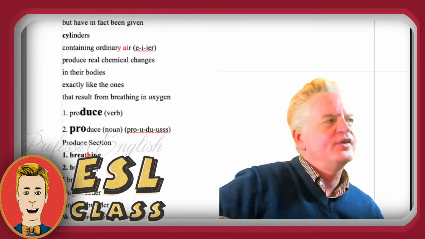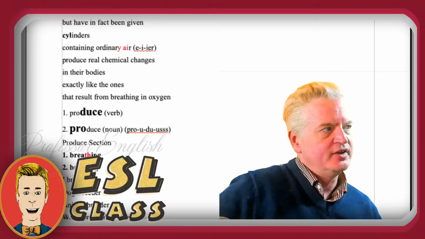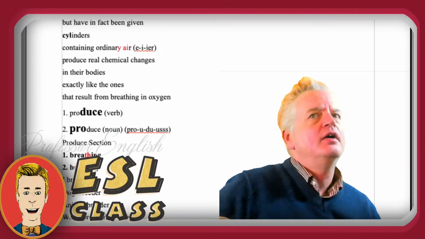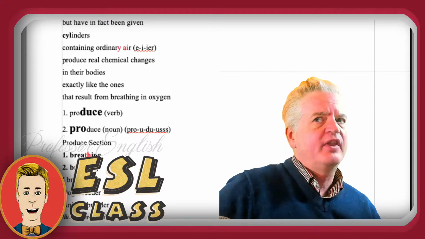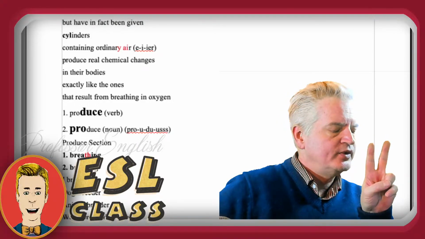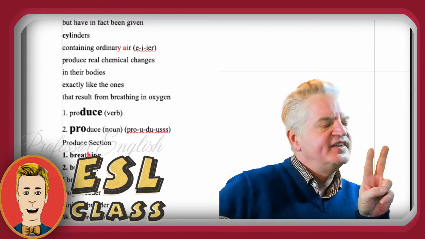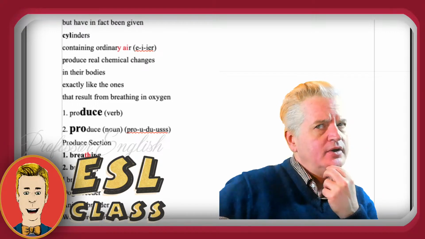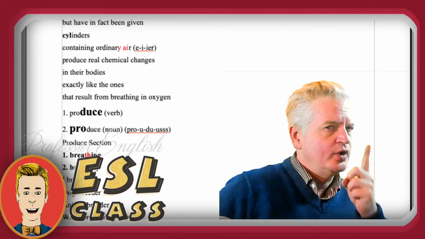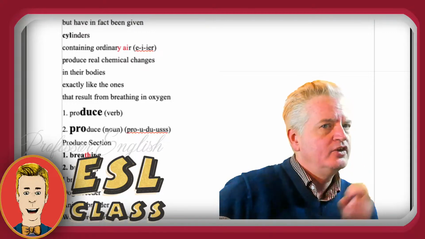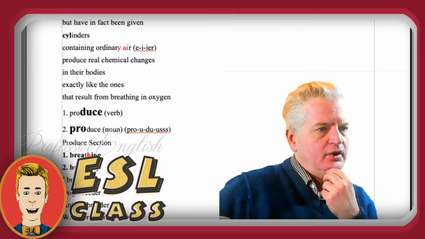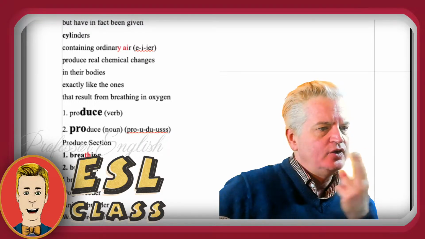Okay. Containing. Oh, now we have an interesting combination here. Well, let's start with the word containing. Contain. So two vowel sounds. What do you think? I think that's short, long. Contain. That A is two sounds.